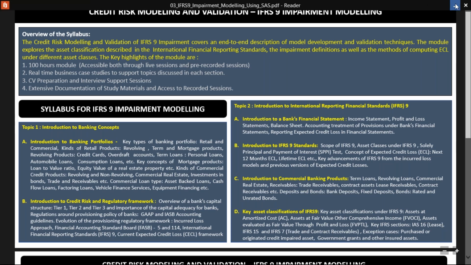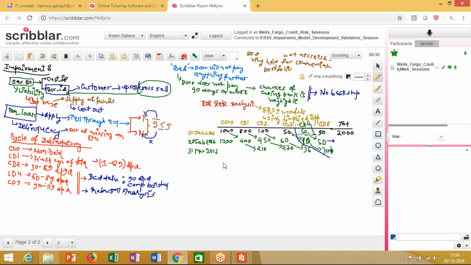So let's start with an overview of the portfolio. Any bank's lending book is divided into two parts. If I draw this, let's say this is the lending book of the bank. The lending book of the bank is divided into two parts.